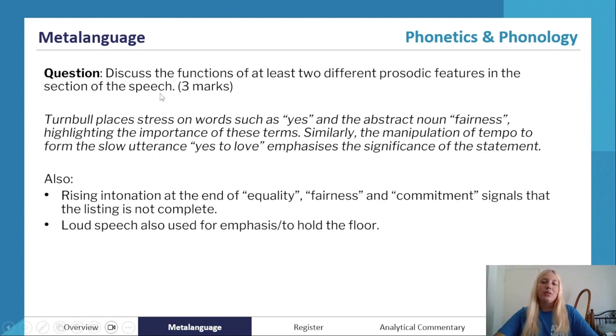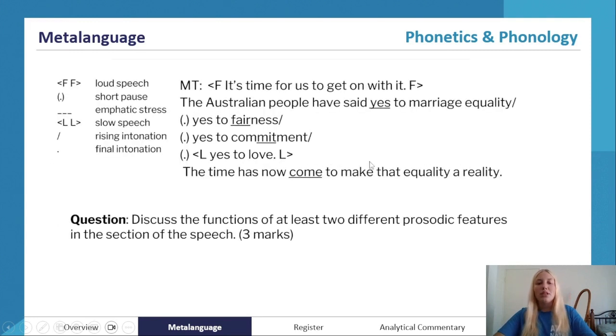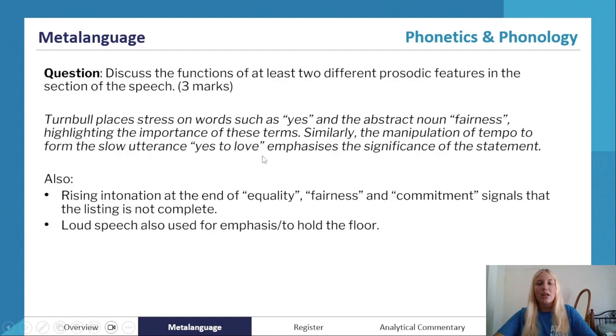And our little mini analysis here is that it's highlighting the importance of these terms because that's what stress does. Similarly, the manipulation of tempo from the slow utterance yes to love here emphasizes the significance of the statement. So we've intentionally slowed down there.